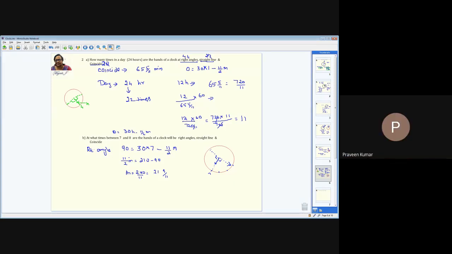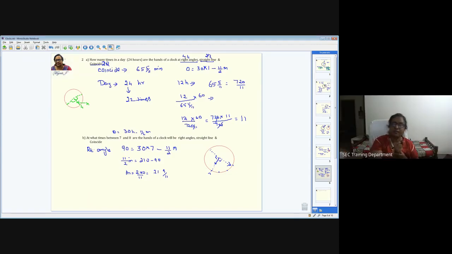Just say whatever you know. It's not going to be a straight line, because your hour hand is somewhere here. Earlier it was there and now it has shifted to the other side. But what else can you do?